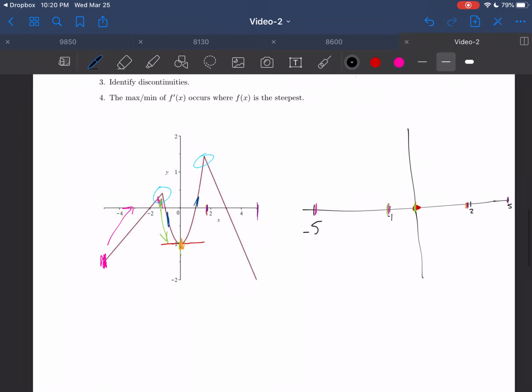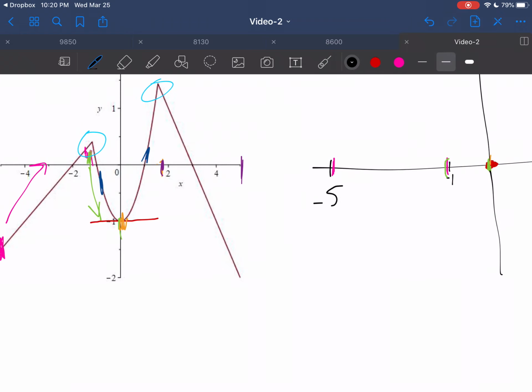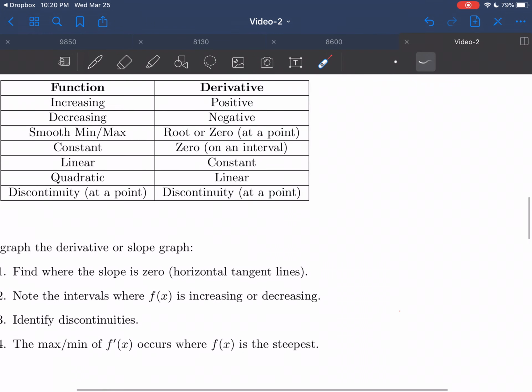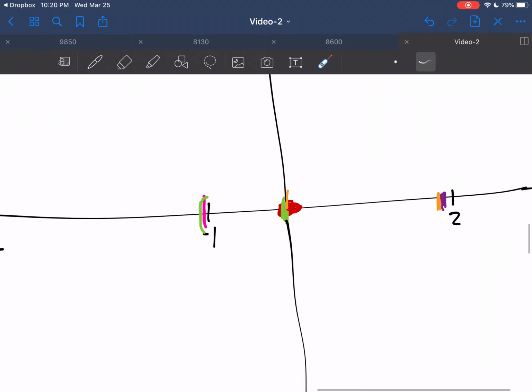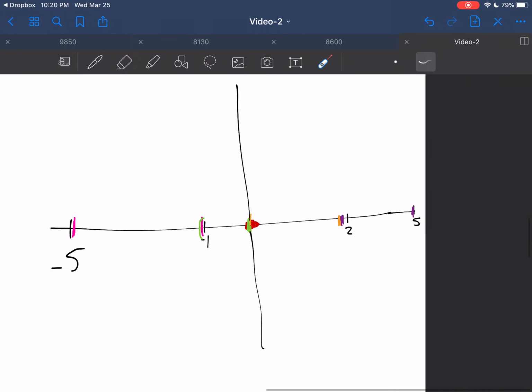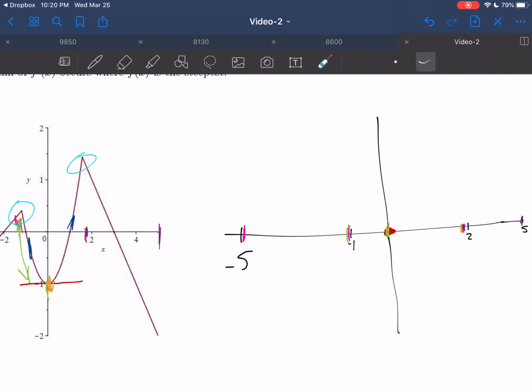All right, because this chunk and this chunk are pieces of a quadratic. Okay, remember I said up here, quadratics are going to be linear. So when we do those sections on the graph, those are going to be lines. We'll still have our min and max, and that'll be the same. They just have to be lines instead of the swoopy lines that I made.